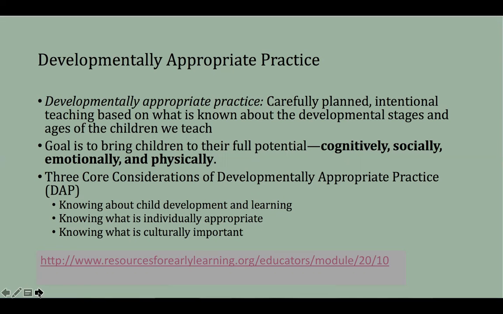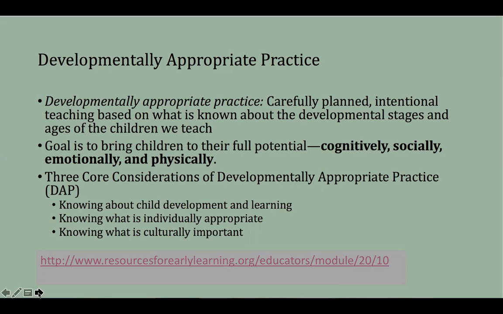So developmentally appropriate practice has three core considerations: knowing about child development and learning, knowing what is individually appropriate, so knowing the child, and knowing what is culturally important, knowing the culture that is represented by that child in the classroom, their family, their community, and what their life outside of the classroom consists of.